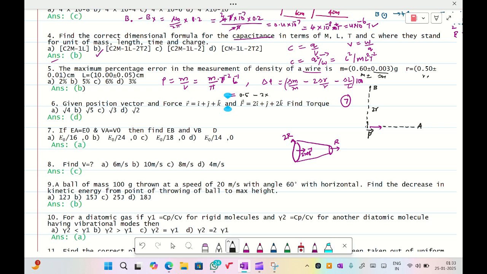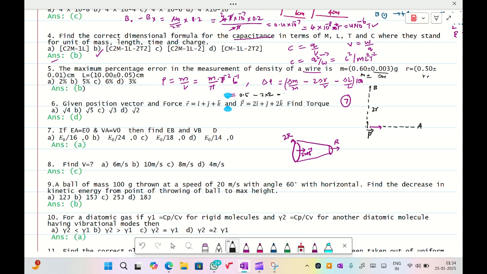Minus 2 into, here dr 0.1 into 100 means 1 by 0.5, that equal to 2, so 2 into 2 is 4. Now minus dl by l, where dl is 0.05 into 100, therefore 5, 5 by 10, 1 by 2, 0.5.